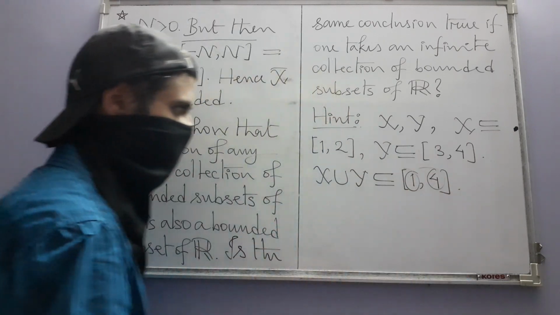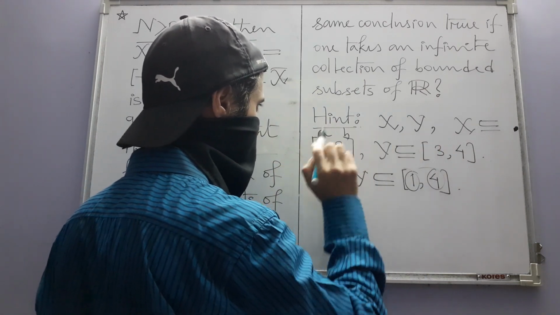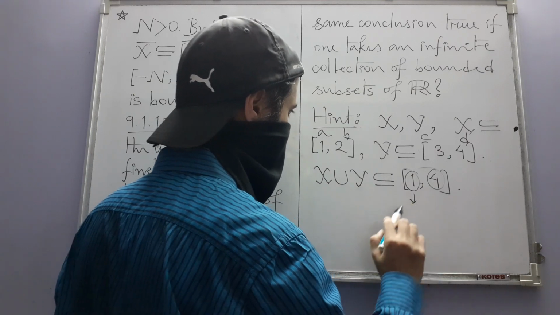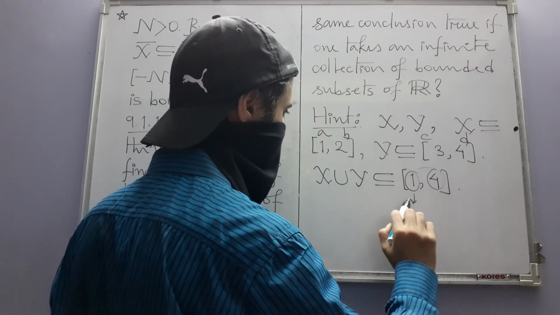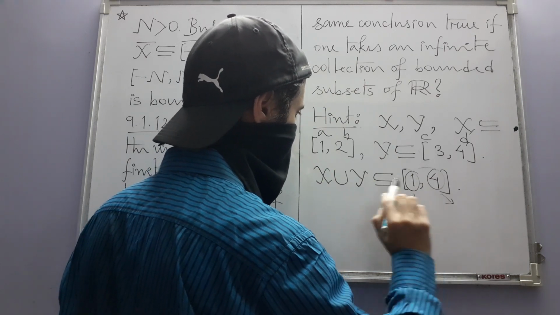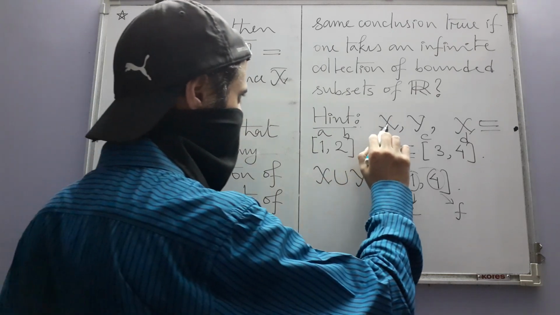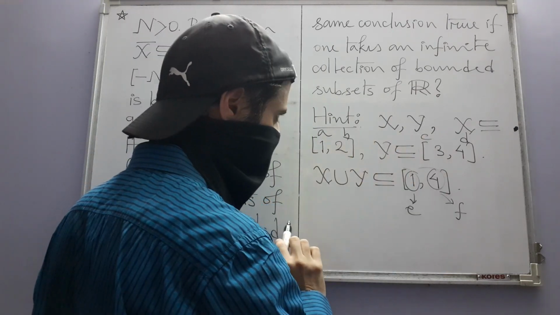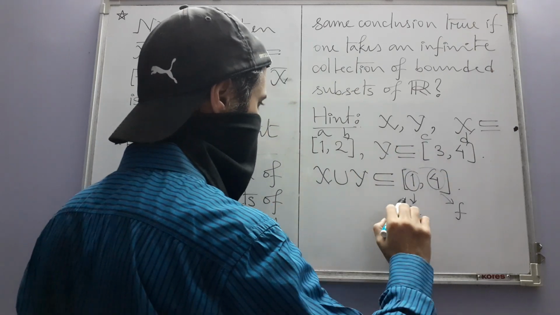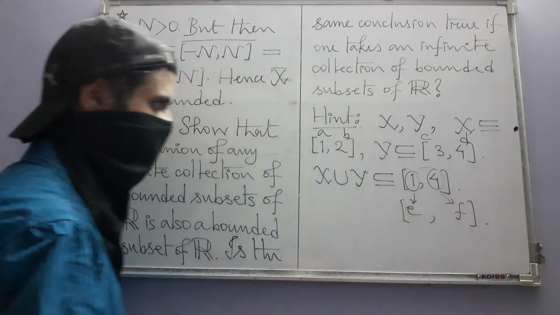That is, regardless of what you have here, say here you have A and B, here you have C and D. You have to think of a number which will be the left endpoint, say E, and a number that will be the right endpoint F, so that if x is a subset of the closed interval [a, b] and y is a subset of the closed interval [c, d], then x union y will be a subset of the closed interval [e, f].